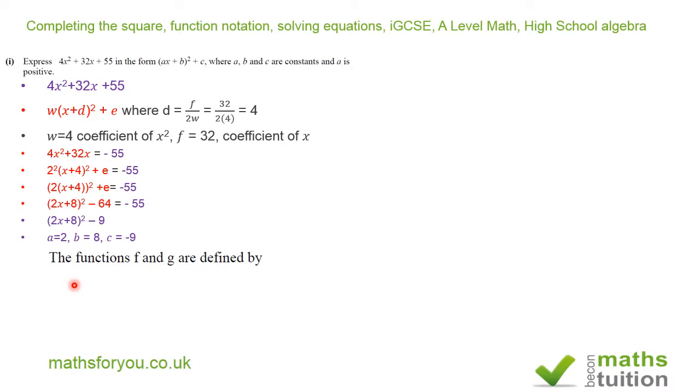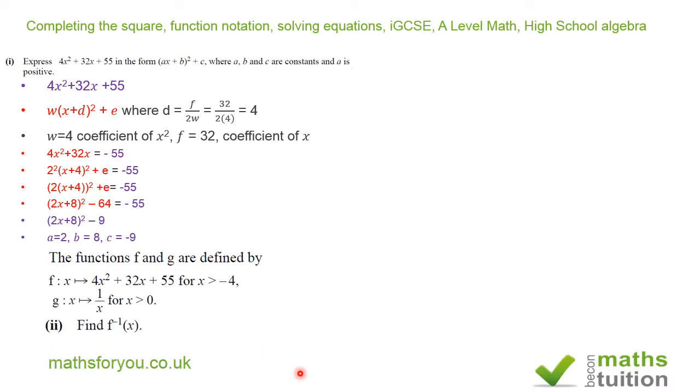Now for part B, it says the functions f and g are defined by f such that x maps into 4x squared plus 32x plus 55, where x is greater than minus 4, and that the function g is such that x maps into 1 over x.